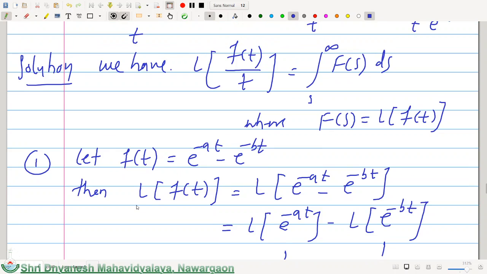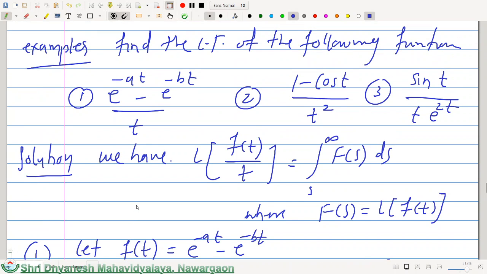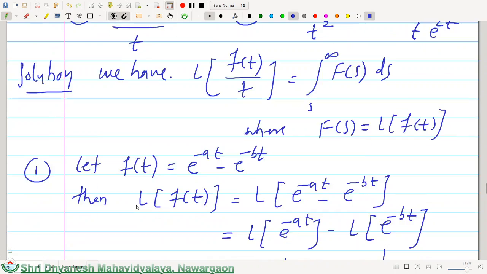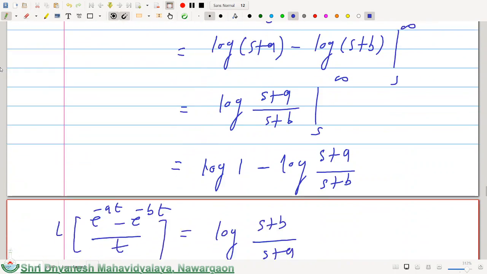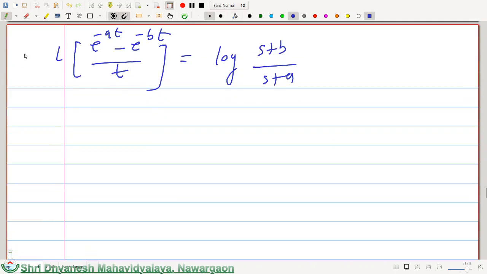Okay, what is the next example? 1 minus cos t upon t square. Example number 2, let f of t be equal to 1 minus cos t upon t square.